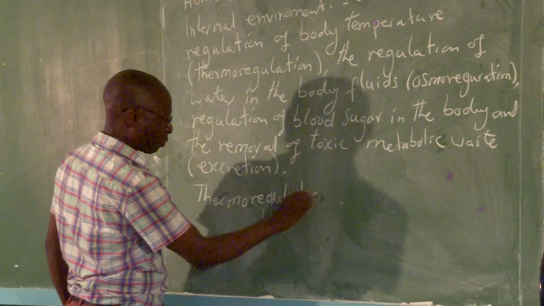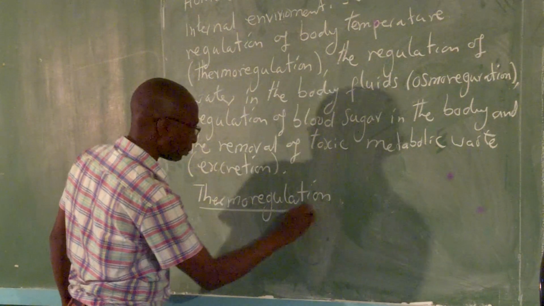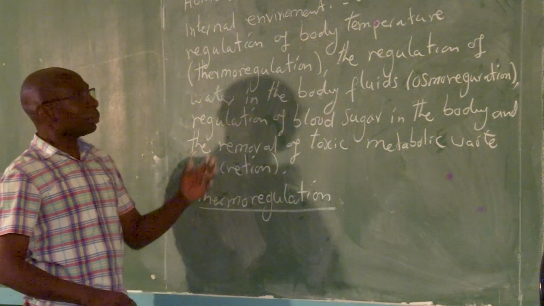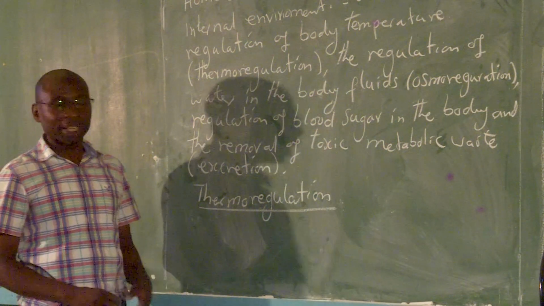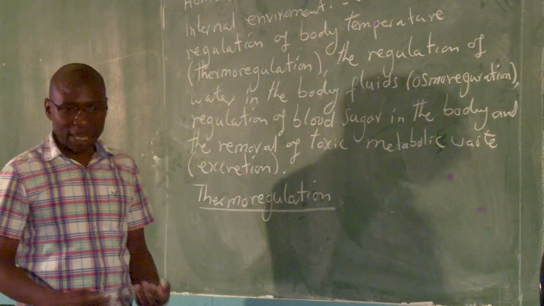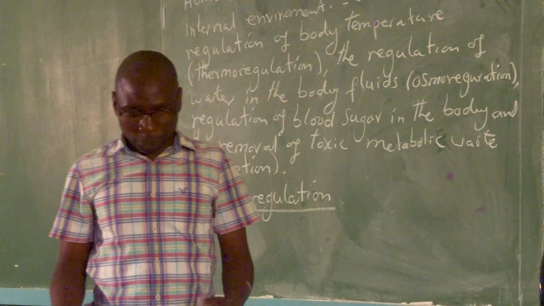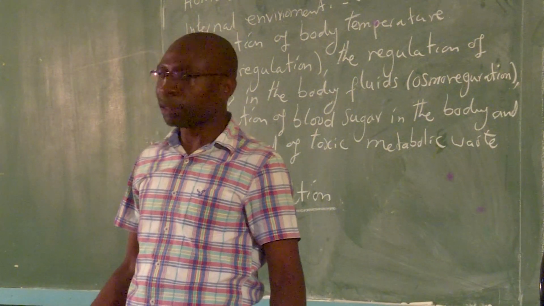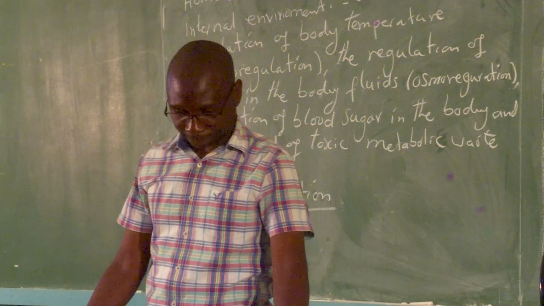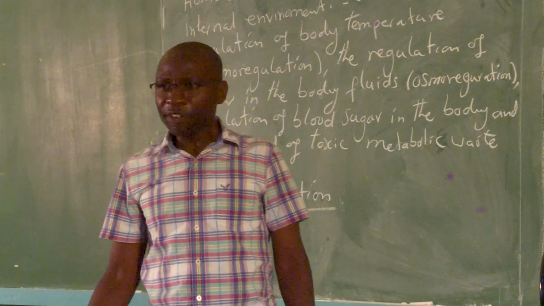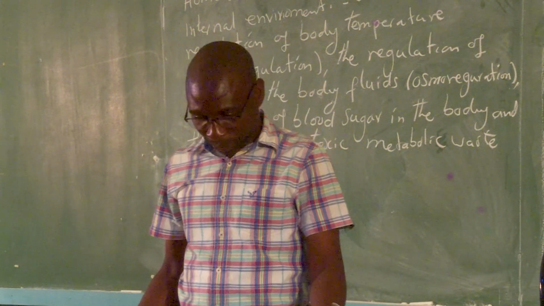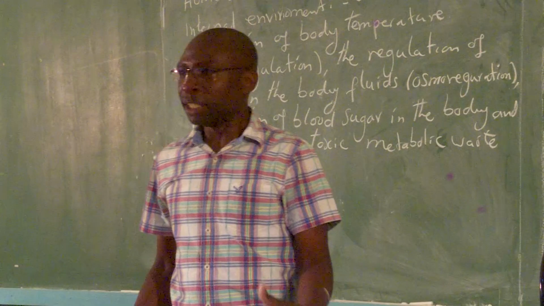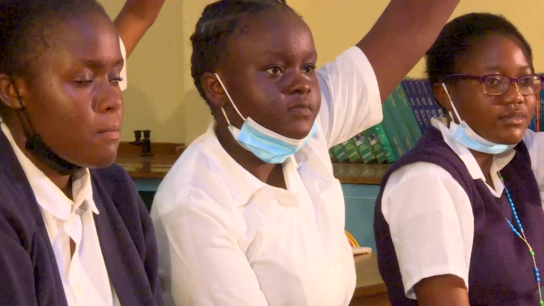Thermoregulation. From what we have defined, thermoregulation is the regulation of body temperature, the body temperature of the human being. If I may ask, what is the normal temperature of the human being? 37 degrees Celsius.